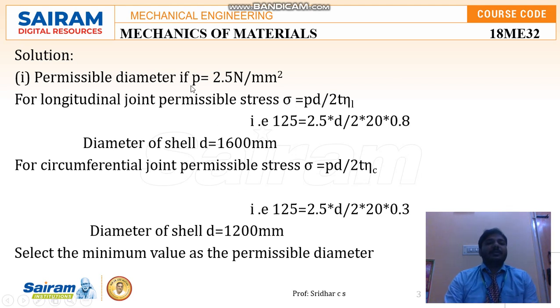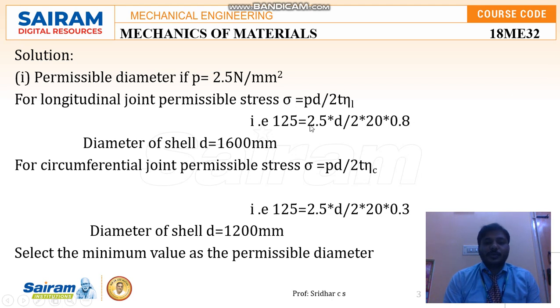The pressure P given is 2.5 Newton per mm square, and for the longitudinal joint the permissible stress formula is sigma equal to PD divided by 2 T into efficiency of L. The tensile stress sigma is already given as 125 Newton per mm square, the pressure is 2.5 Newton per mm square, and we need to find the suitable diameter D. The thickness is given as 20, along with the longitudinal joint efficiency of 80%, which we take as 0.8.